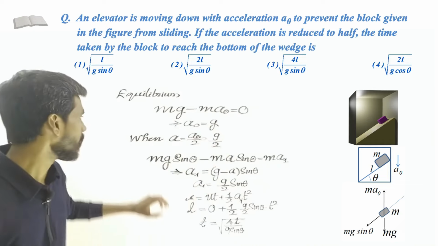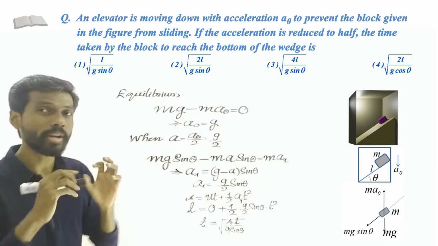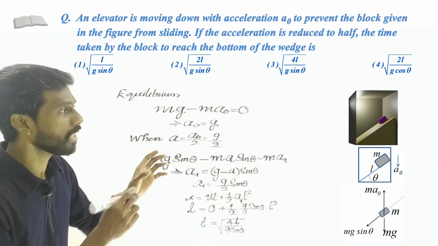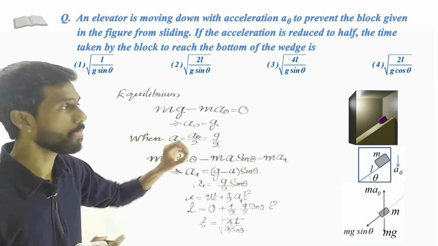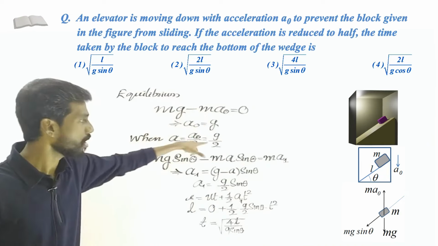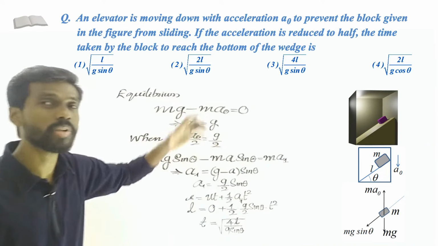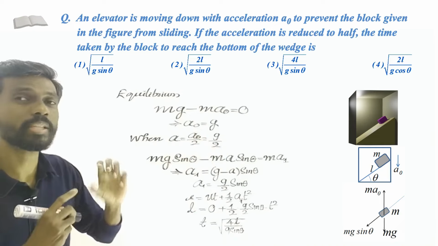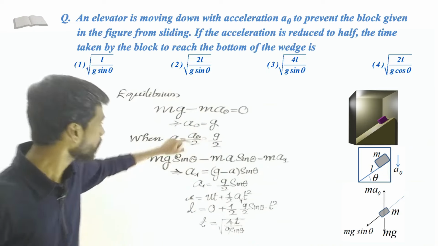Alright, simple. See, in the first case it is in equilibrium, not absolute equilibrium, but equilibrium with respect to that elevator frame. If you are observing the system in the elevator frame, it is in equilibrium, which means it is not sliding. In that case, we got the acceleration same as the acceleration due to gravity. Now in the second case, the elevator is moving this time with half the acceleration, that means g by 2.